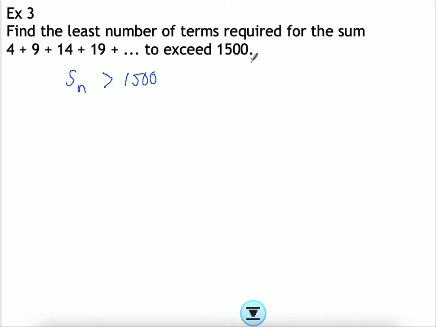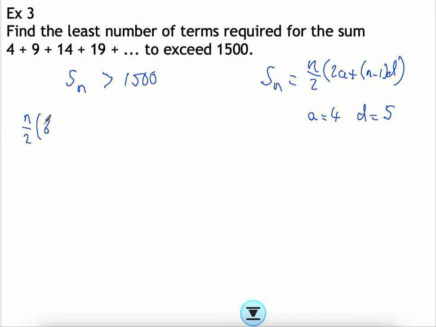As I said before, this is in the formula book. Let's not neglect it. Let's write down how many terms. Well, we don't know, that's what we're trying to work out. But we've got a is 4, and d is 5. So here we can say it's n over 2 times 8 plus 5 lots of n subtract 1, and we want that to be greater than 1,500.